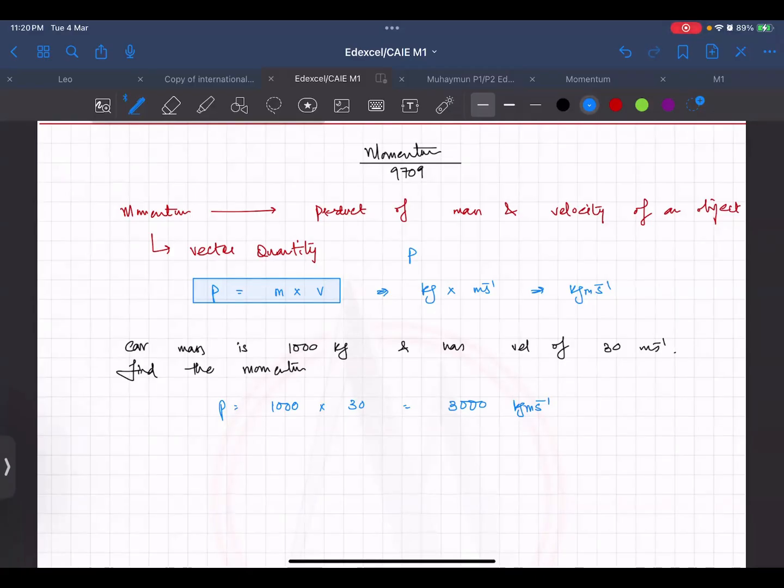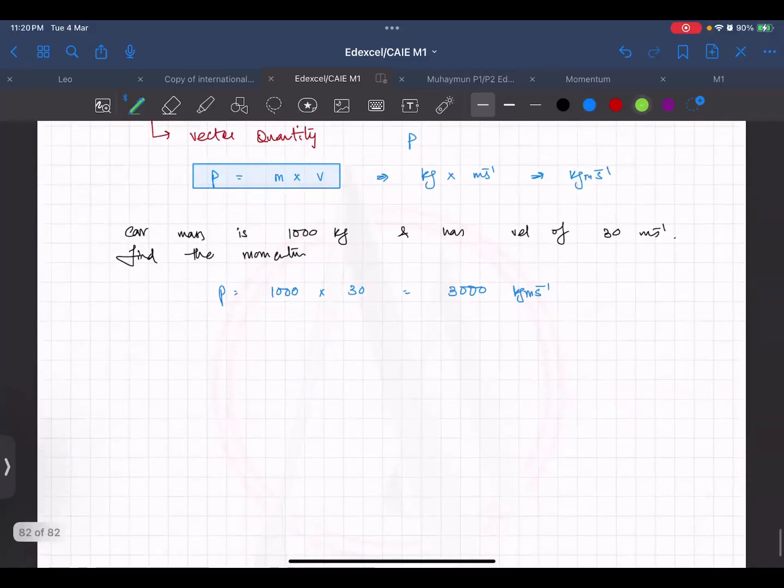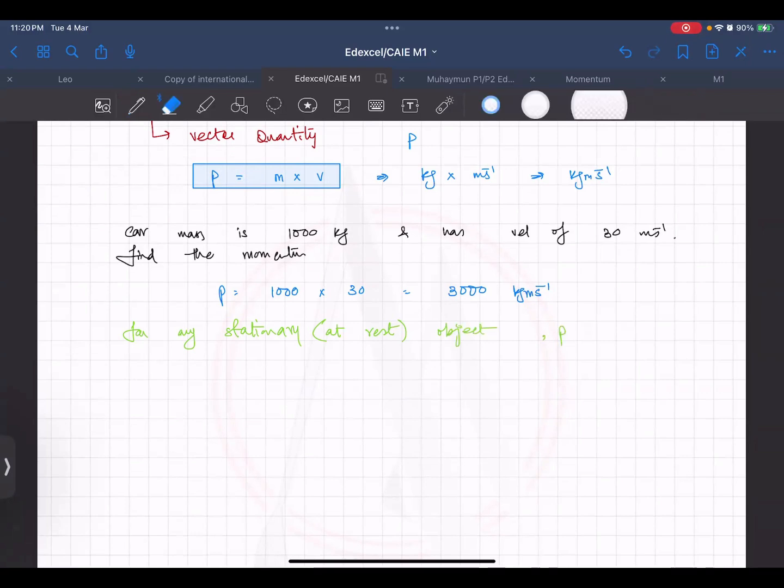If it is in motion, then you would have momentum. If something is stationary, velocity would be zero, and if velocity is zero, then momentum would be zero for any stationary object. A stationary object means it is not moving, it is at rest, so momentum will definitely be zero because velocity is zero.